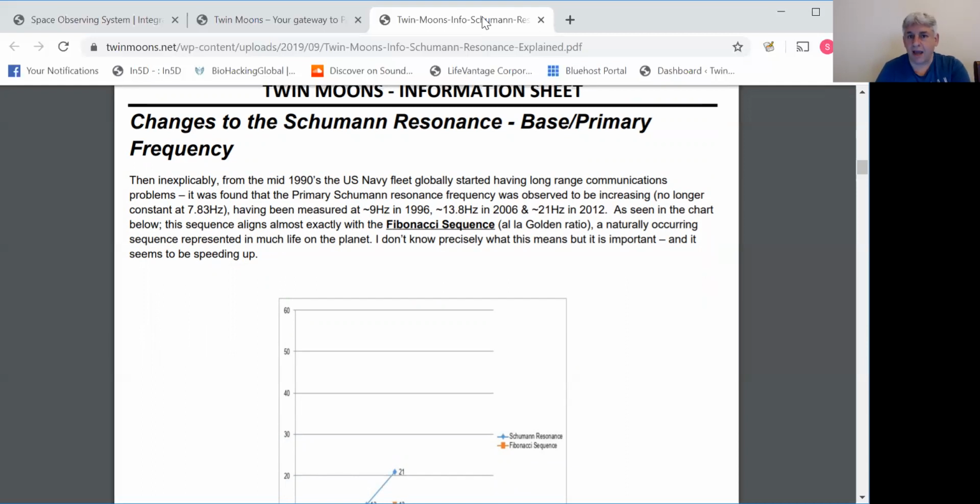Investigation showed that the carrier wave signal used as the fundamental frequency for this transmission, 7.83 hertz, the primary Schumann resonance frequency, was experiencing periods of fluctuation and was changing quite rapidly and erratically, to the point that eventually the US fleet had to forego the use of that frequency.